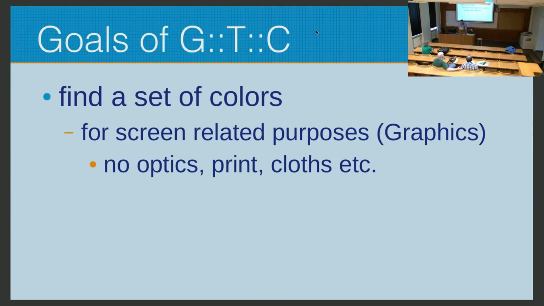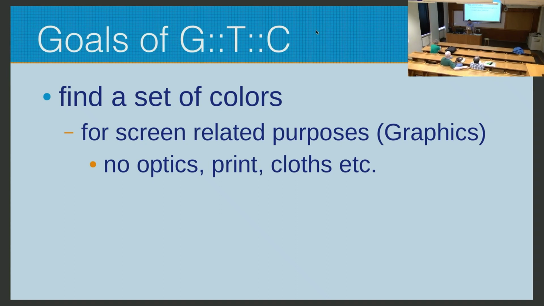Its purpose is quite narrow, for screen purposes. So if you do stuff on the computer, for the computer, not if you are working in the textile industry or some illumination for events, that is not the purpose, because I am diving quite deep and also reading the literature, and there are a lot of phenomena about color which are not as easily boxable as people wanted.